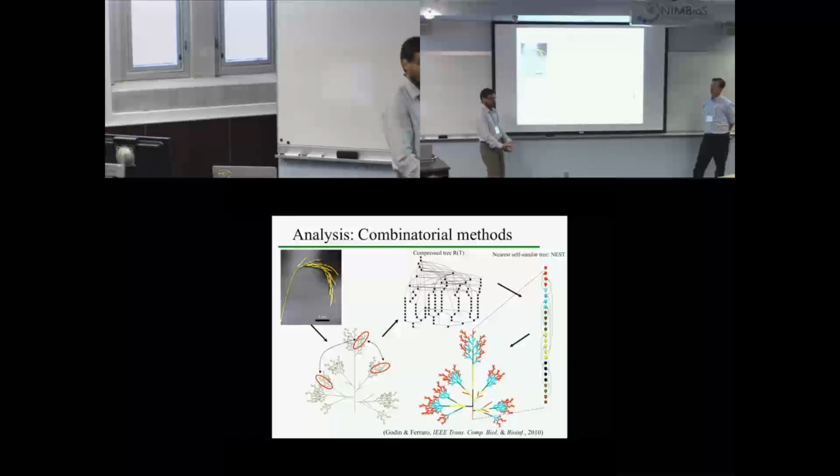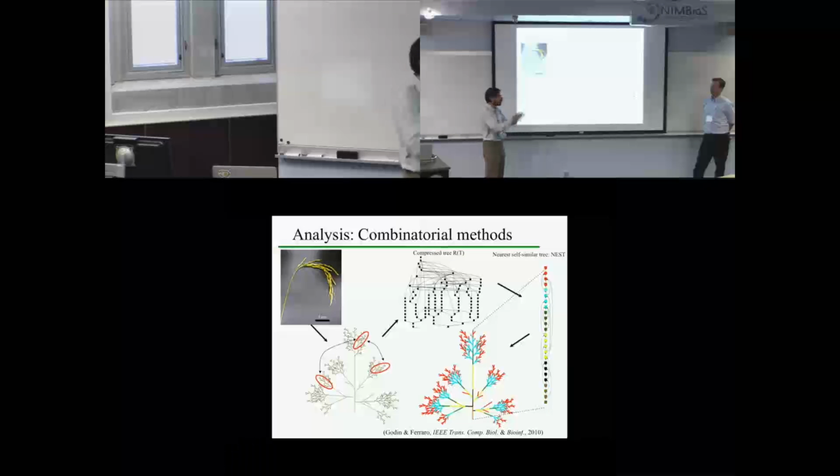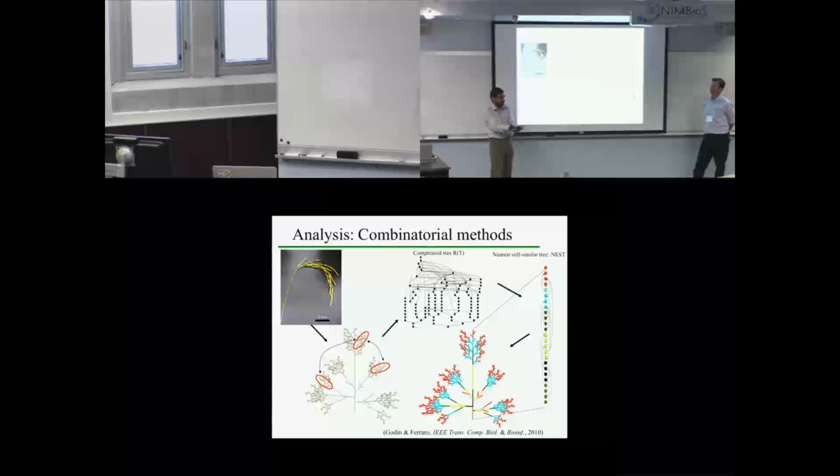When you have a functional structural model, you grow, you add biomechanics, light interception, water fluxes, and so on. Then at the end, how do you compare your simulation results with reality? It's a real problem, so we need to develop some.